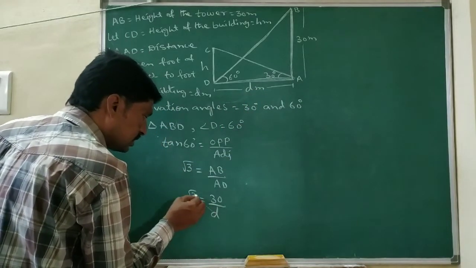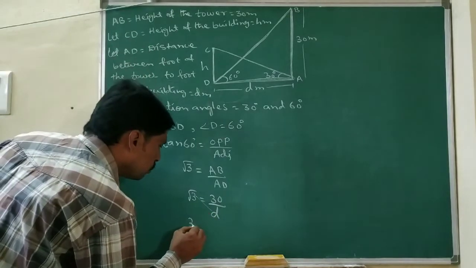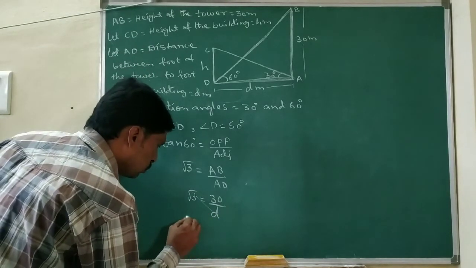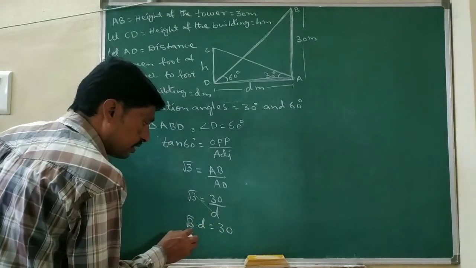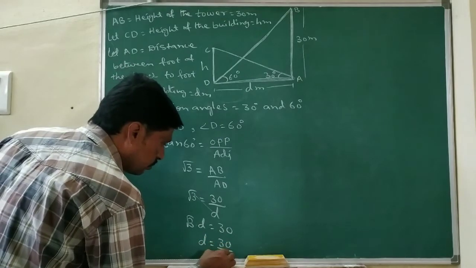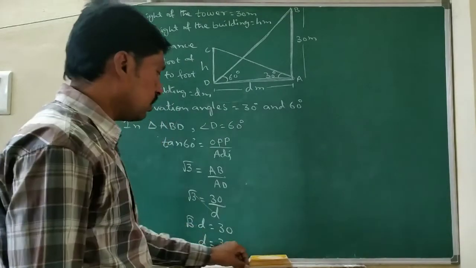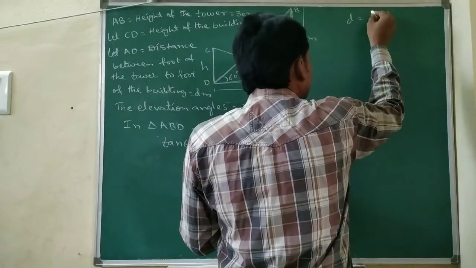Just cross multiplication: root 3 into D equals 30. This root 3 you can transpose to the right. D equals 30 by root 3.